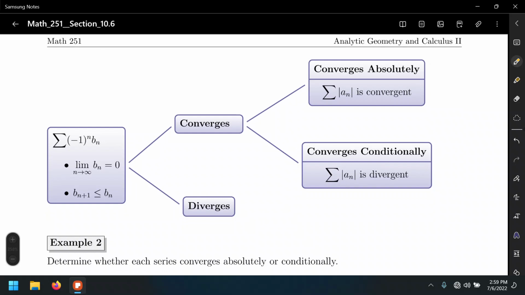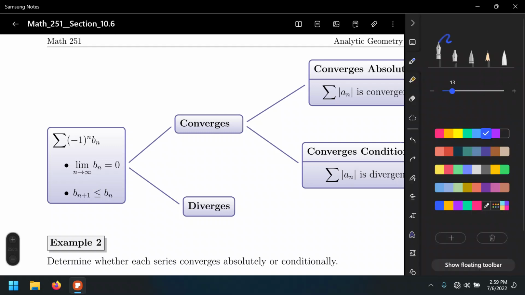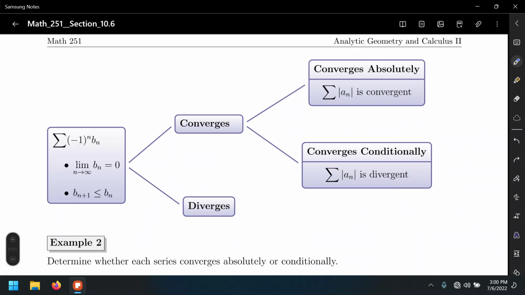So number one, we're given an alternating series right here. We need to make sure that these two conditions are satisfied. Number one, the limit of b sub n, without the alternating factor, equals 0, and number two, the sequence is non-increasing. Then if both conditions are satisfied, we go this way to convergence.